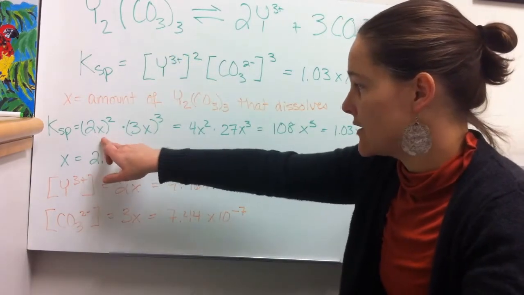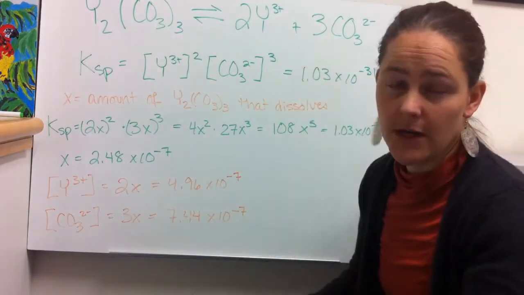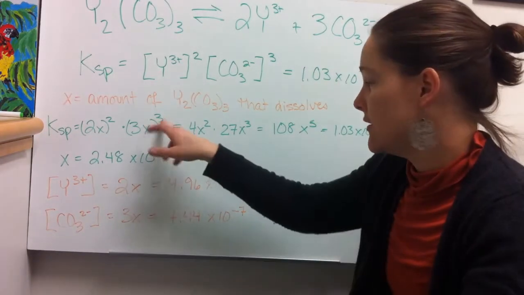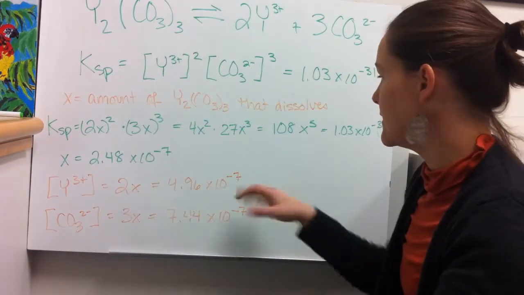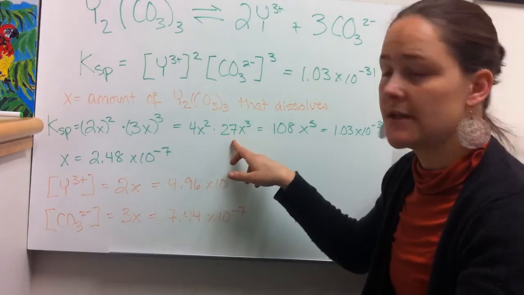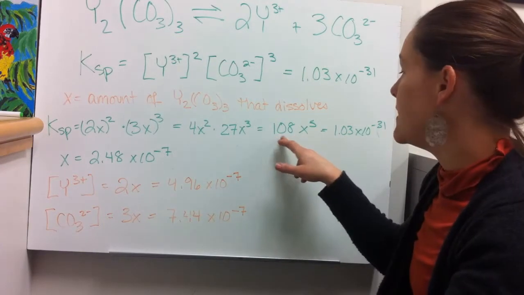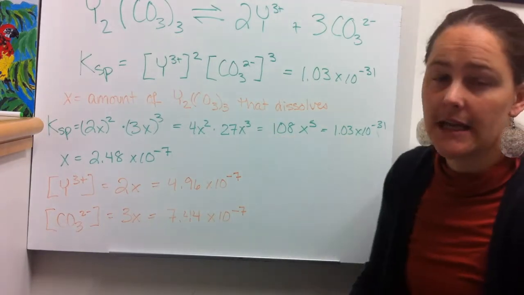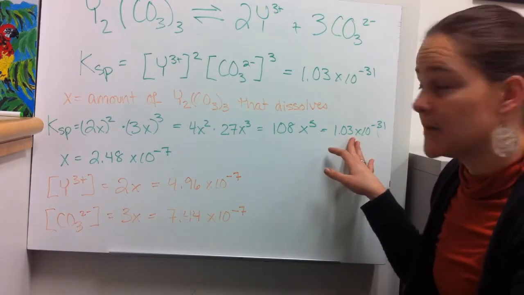So you have 2x squared times 3x cubed, which is the concentration of carbonate in solution, cubed for every yttrium carbonate that dissolves. So we multiply that out. We have 4x squared times 27x cubed, and then we continue to multiply that out, and we end up with 108x to the 5th. And that's still equal to the KSP.